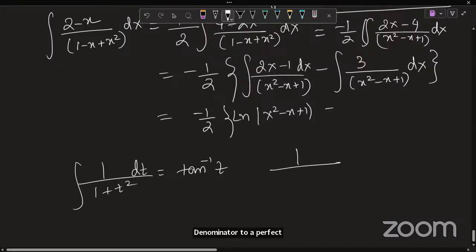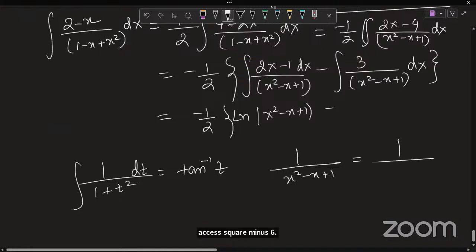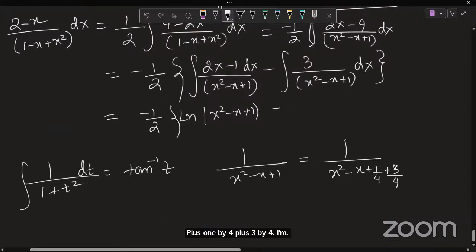If I try to make the denominator x square minus x plus 1, I write it as x square minus x plus 1 by 4 minus 1 by 4 plus 1, which is plus 3 by 4. I'm breaking the 1 into these two parts. Okay, it's fine.